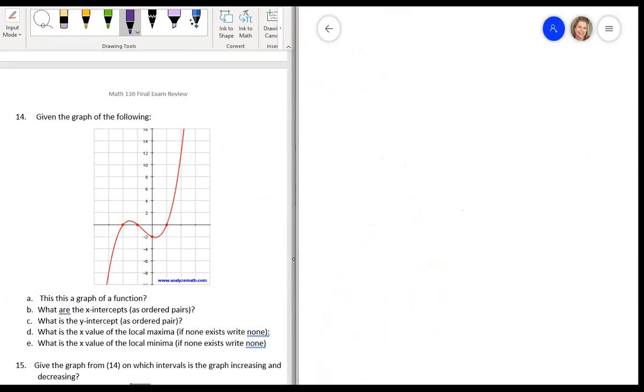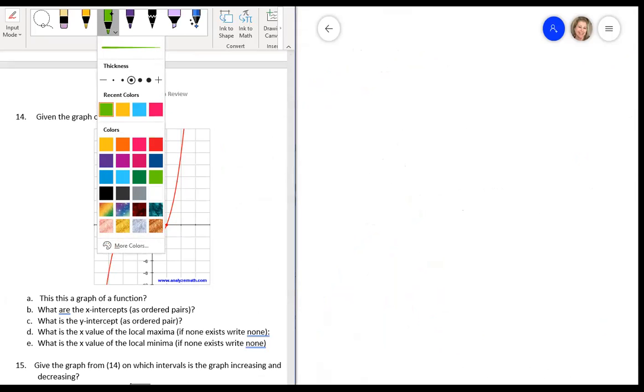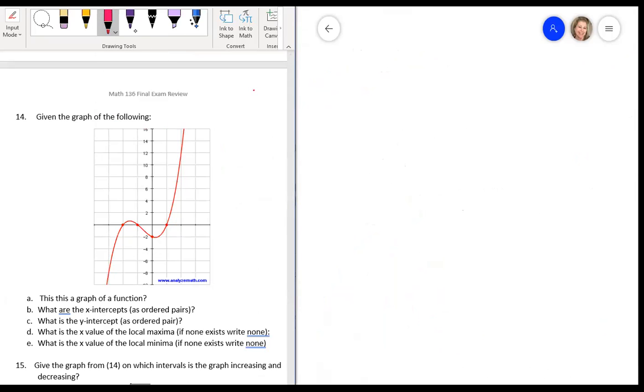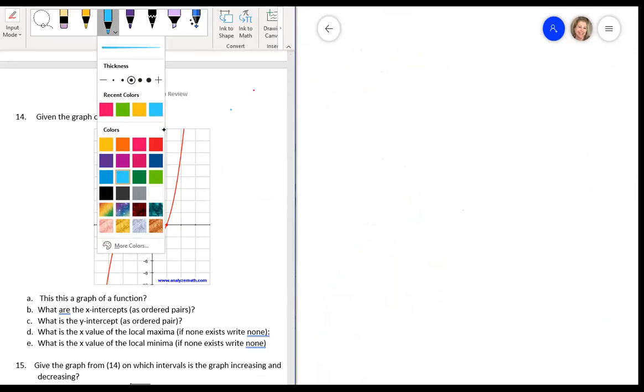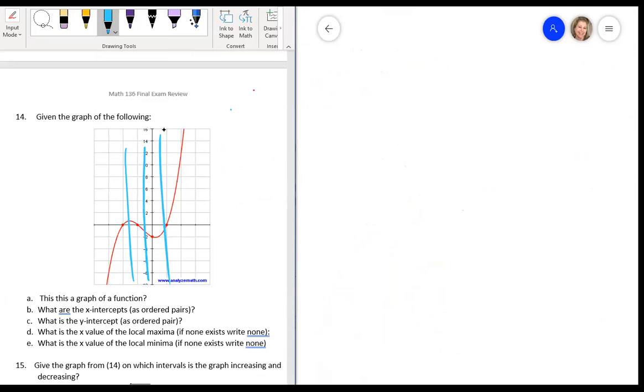Yes. Now let me come over on this one. Because this passes the vertical line test. If you draw a vertical line anywhere through here, it only crosses it once. That determines if it's a function.